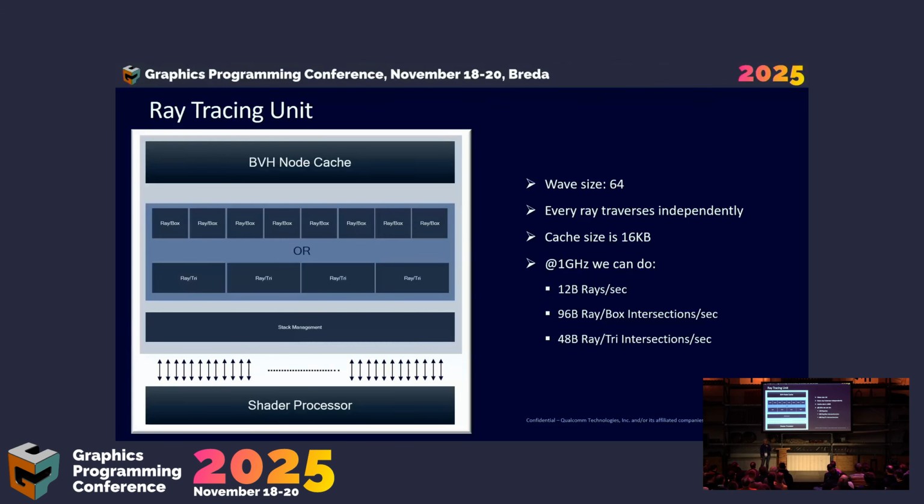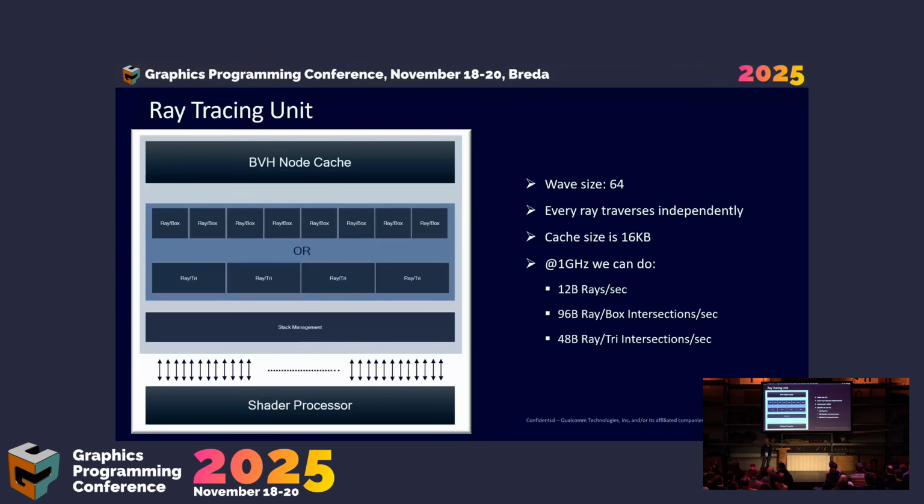We have 8 ray box or 4 ray triangle intersections that the rays can go through. If you remember what our tree looks like, this is mirrored exactly here in hardware: 8 wide trees with up to 4 triangles in the leaves. Every ray goes through the hardware independently. There are no dependencies outside of the SIMD64.